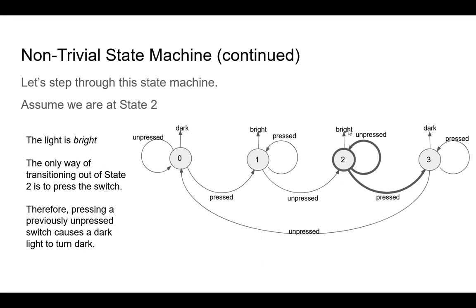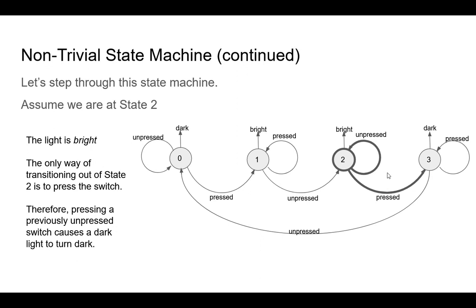So the light is still bright because the only time the light changes is when we go from unpressed to pressed. In this case, we went from pressed to unpressed, so the light remains bright. Okay, how long do we stay in state 2? Until we press the switch. So we go from unpressed to pressed.